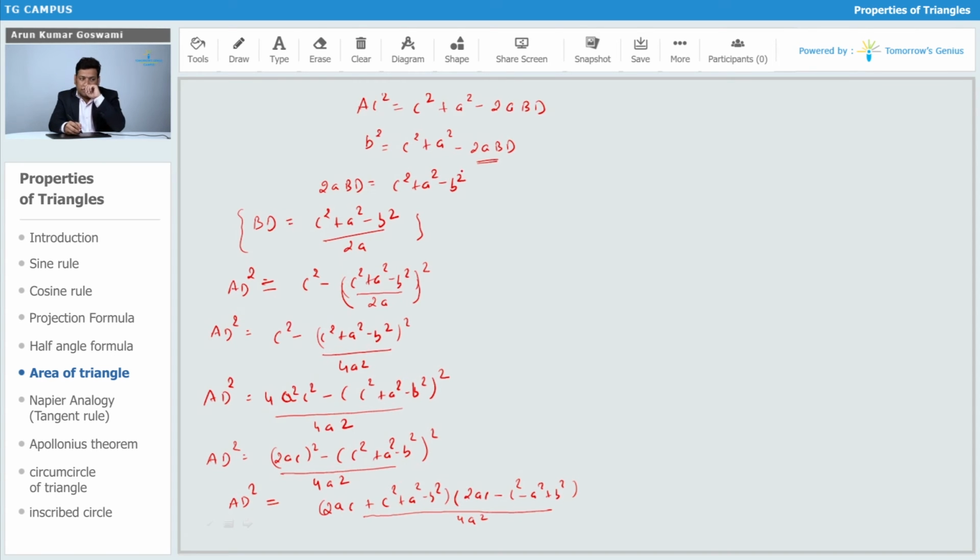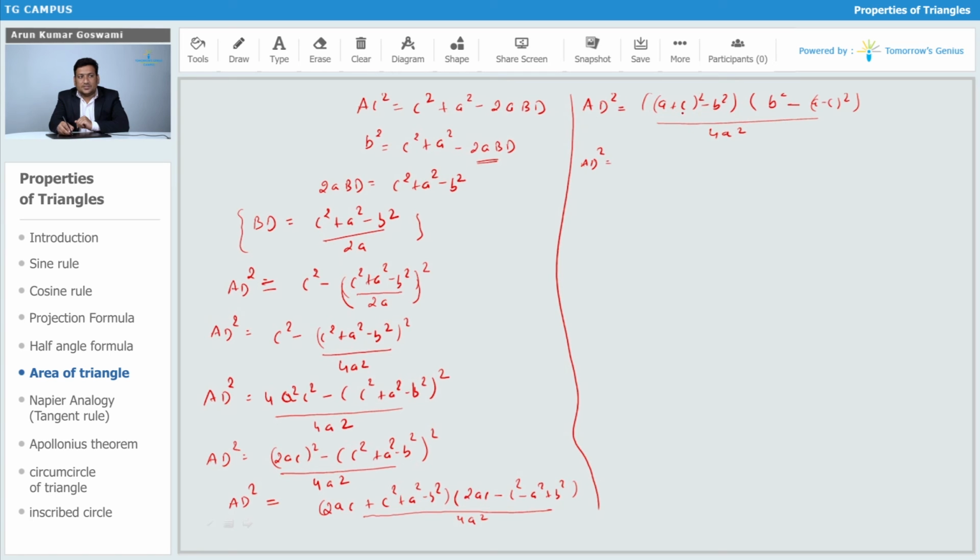Now AD square is nothing but equal to, A square plus C square plus 2AC can be written as (A plus C) whole square minus B square, and in the other term, if I take minus common out, what I'll get is B square minus (A minus C) whole square, divided by 4A square.